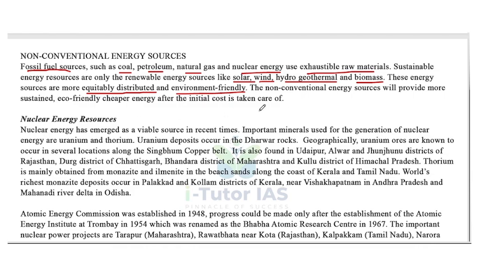The non-conventional energy sources will provide more sustained, eco-friendly, cheaper energy after the initial cost is taken care of. They are more eco-friendly and cheaper energy, but the initial cost is somewhat high.